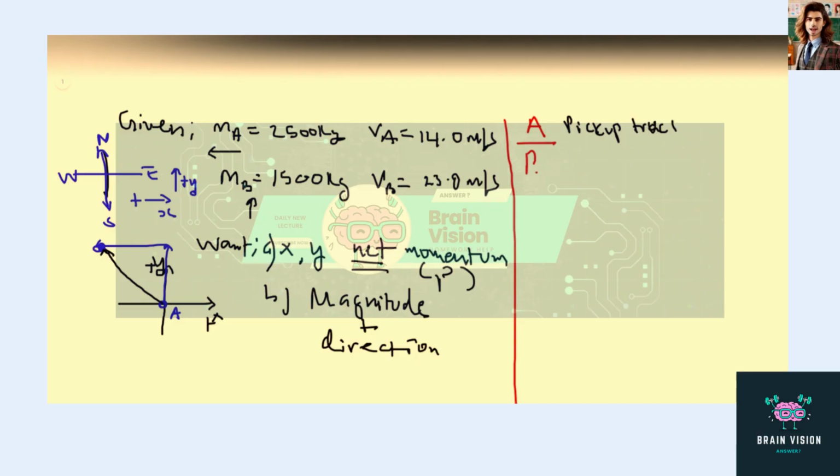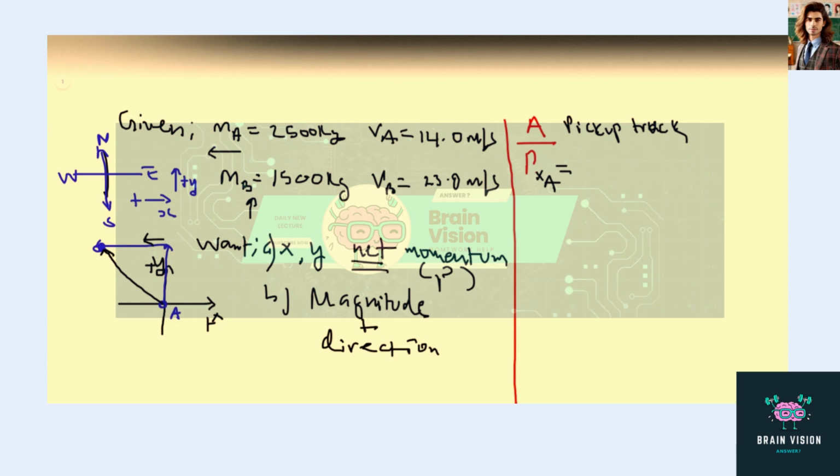So in this problem, in the x direction, PAX, remember positive x is towards the right, and negative x is towards the left. And the pickup truck, as you can see, is moving towards the left that way.